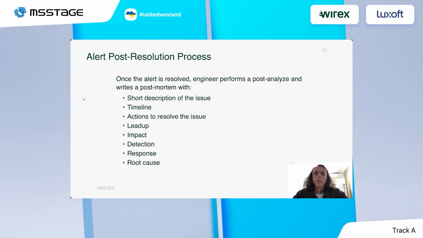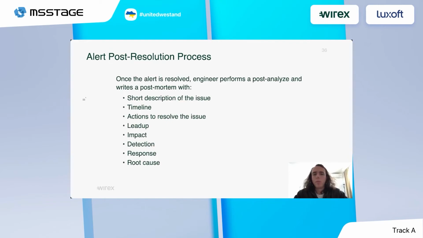Once the alert is resolved, the engineer performs a post-analysis and writes a postmortem with such fields and topics as: short description of the issue; timeline, to catch every timing, every moment, and every idea that a relevant person proposed for fixing the incident, actions to resolve.